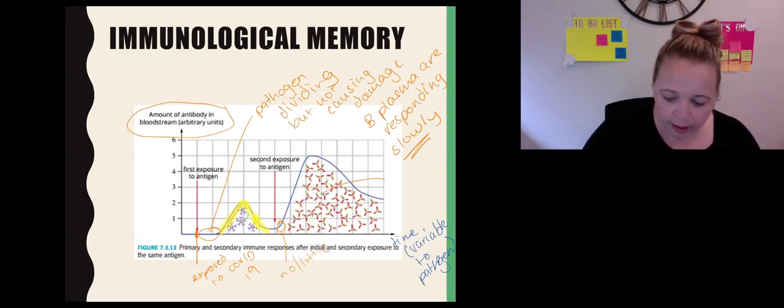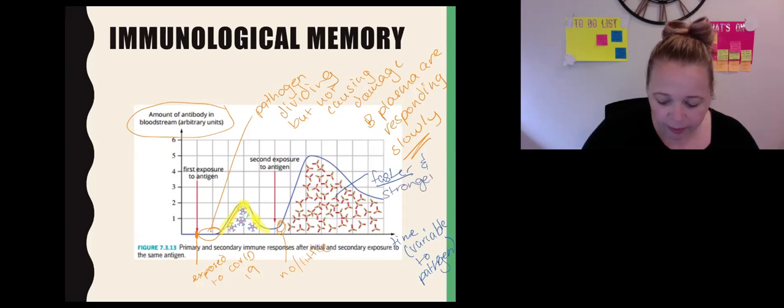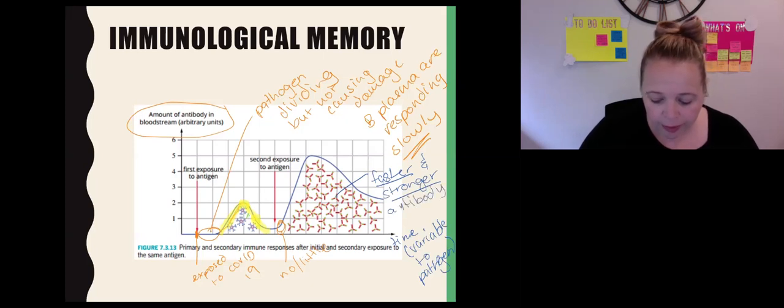What we get here, and I'm going to use a different color because orange is not going to stand out, is a faster and stronger antibody response. Because you've been previously exposed, you get this faster response.